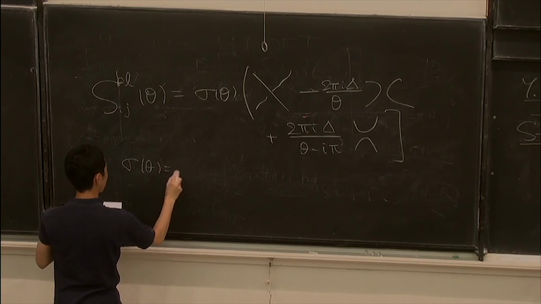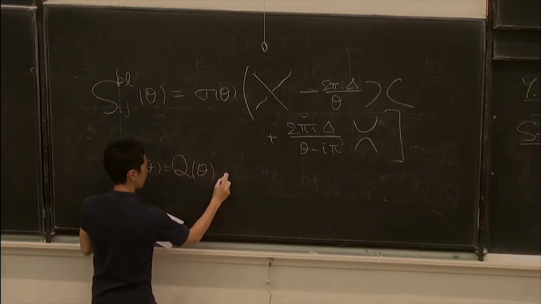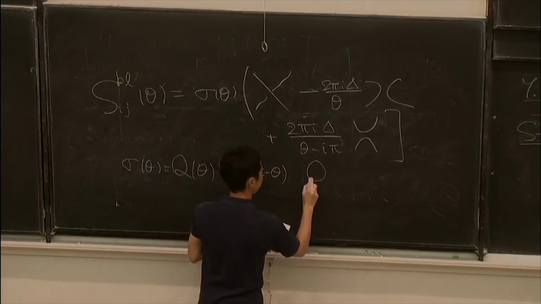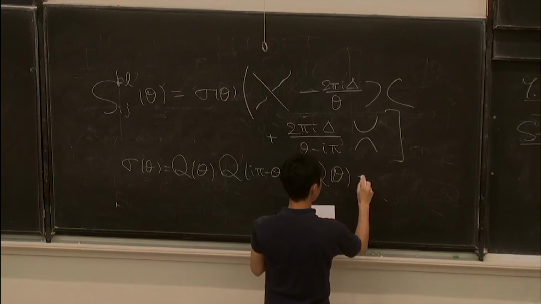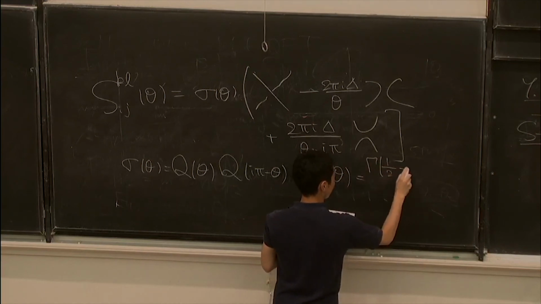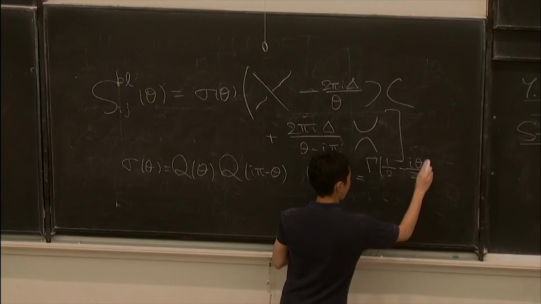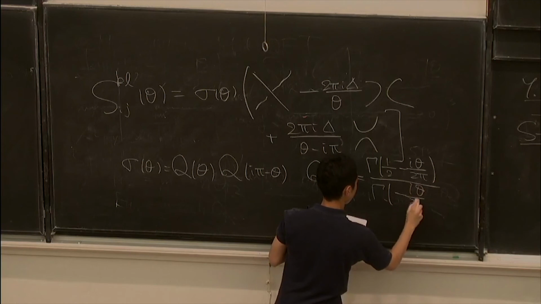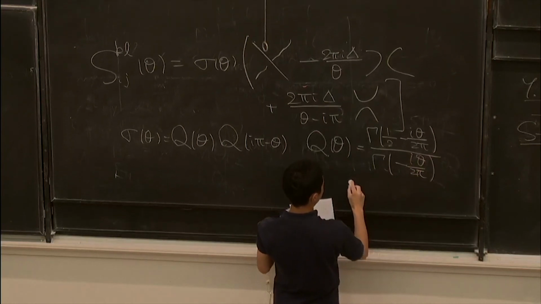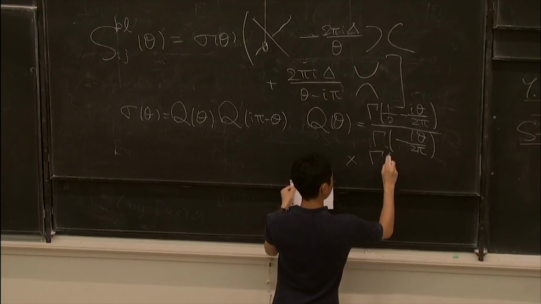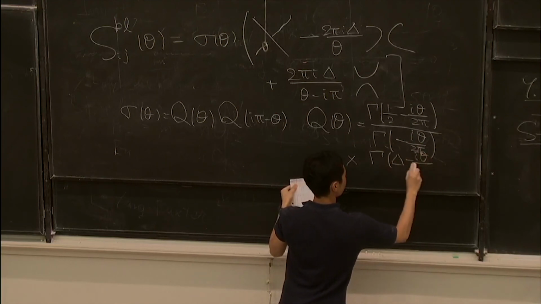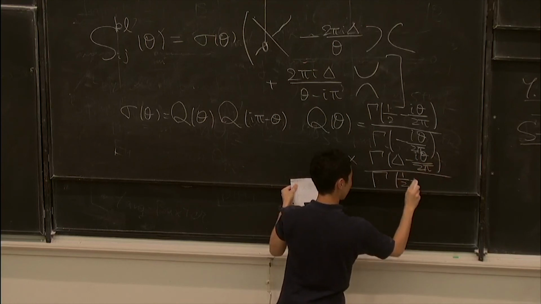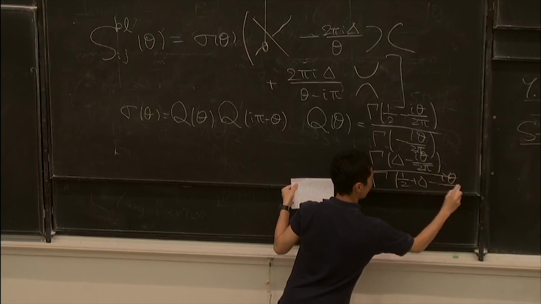And σ(θ) is given by a product of two factors, and each factor is given by gamma functions, times gamma of 1/2 plus δ minus iθ over 2π.